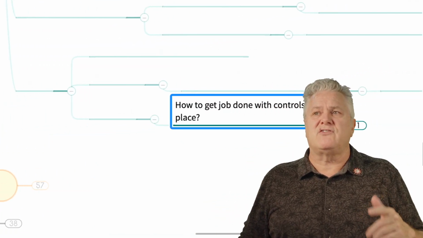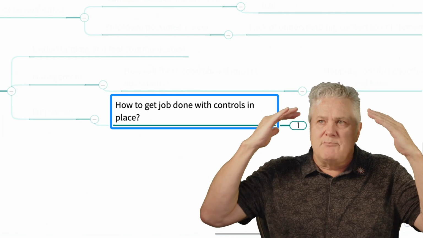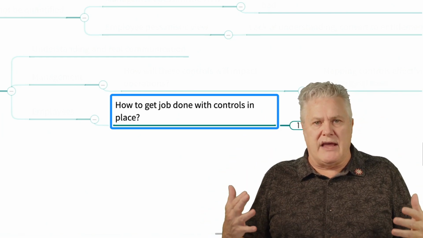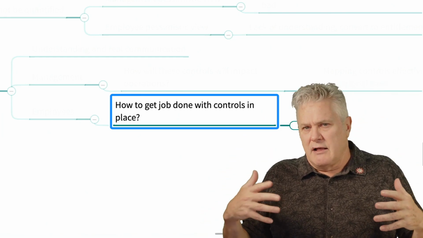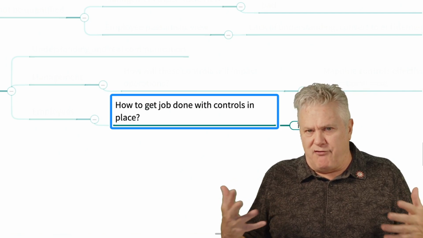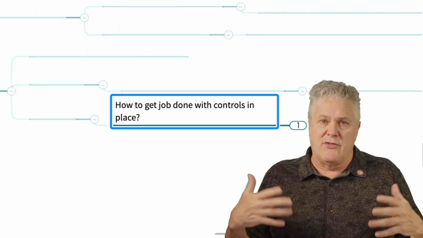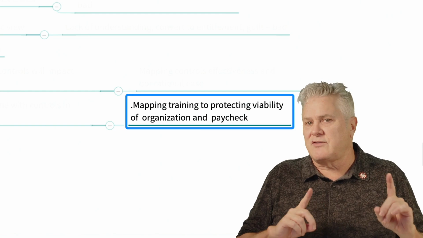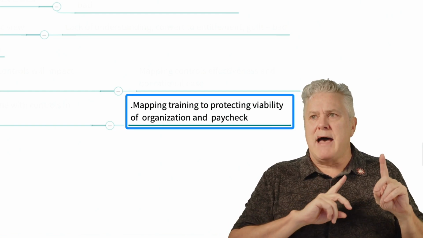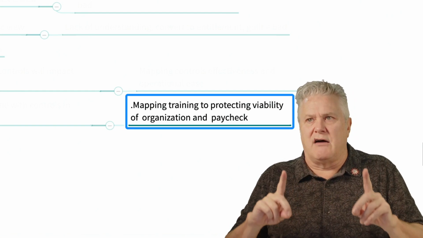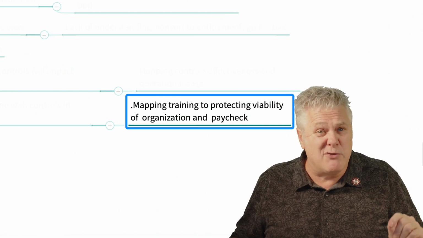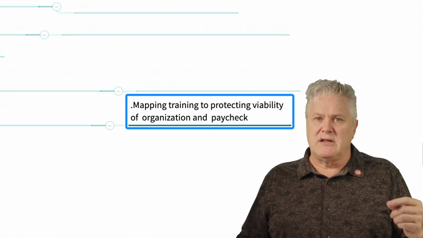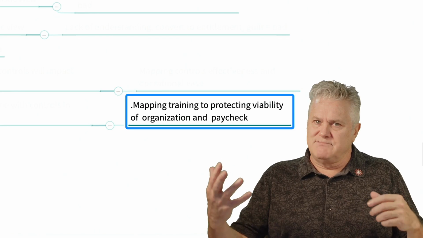On the employee side of things, how do I get the job done with the controls in place? Obviously, they thought this was a good idea, so I'm going to follow this process right here, and they're paying my paycheck. Now, here's the mapping here. They need to map that training to protecting the long-term viability of the organization and ultimately their paycheck. So that's how we get it done.